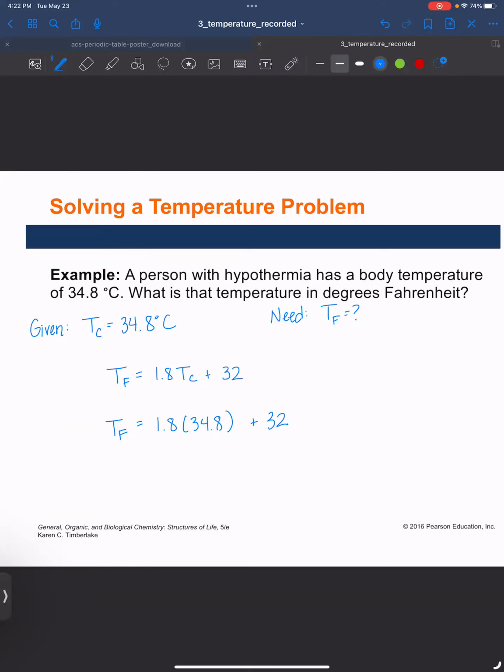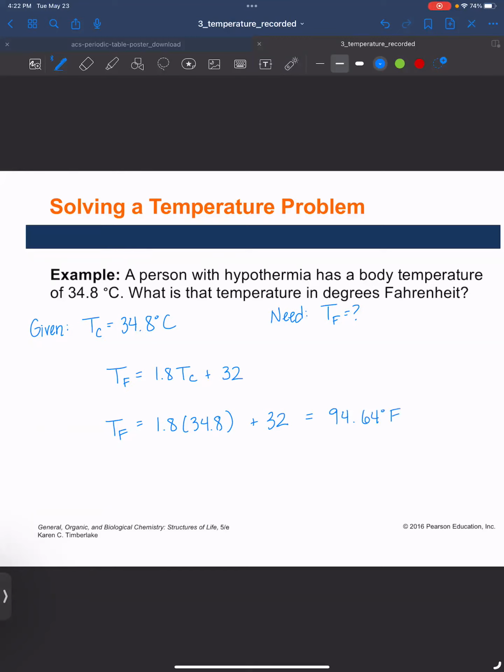When I plug that into my calculator, 1.8 times 34.8 gives 62.64, and then I add 32 and get 94.64 degrees Fahrenheit.